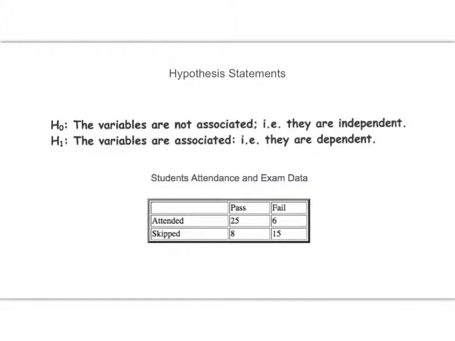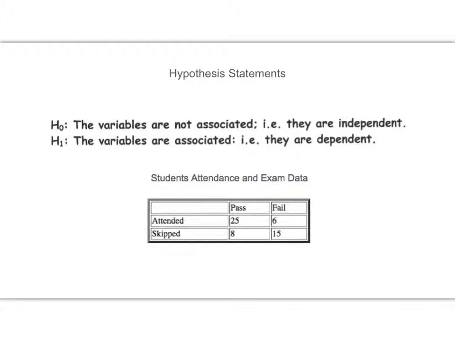For a hypothesis statement, the null hypothesis is always that the variables are independent, and the alternative hypothesis is that they are dependent. This is always the case, so that's great. That means it's easy to remember.